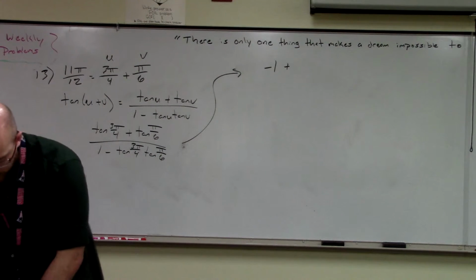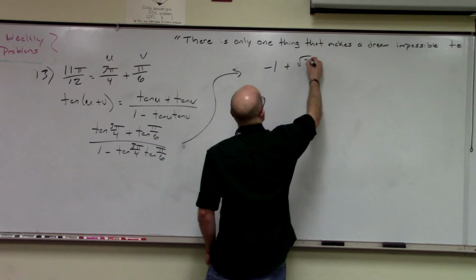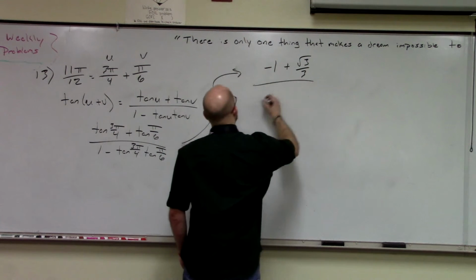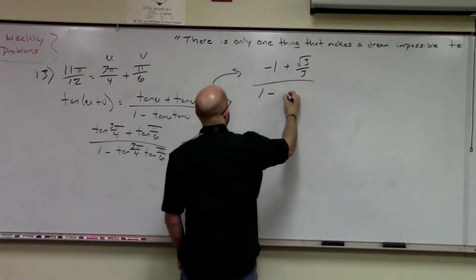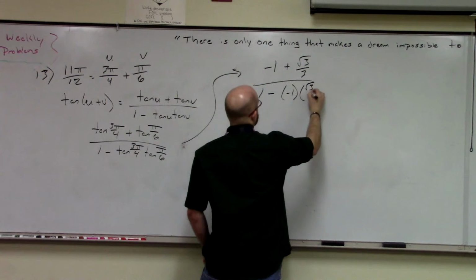Tan pi over 6 is square root of 3 over 3, all over 1 minus -1 times square root of 3 over 3.